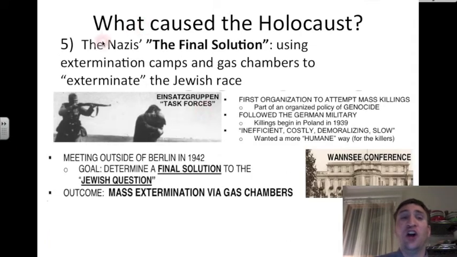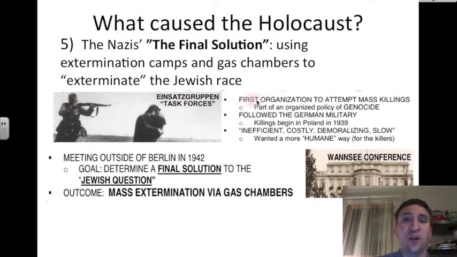What caused the Holocaust? The Nazis' final solution plan. And the plan was to use extermination camps and gas chambers to exterminate the Jewish race. Here is an Einsatzgruppen, a task force that was charged with rounding up Jews and executing them.